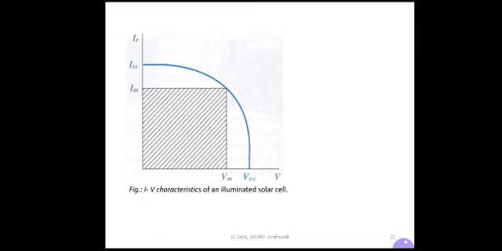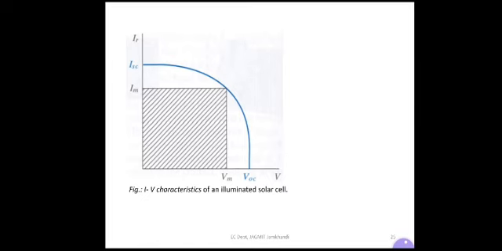Actually it is in the downward direction, just for the sake of convenience to observe. So this characteristic is plotted upward.